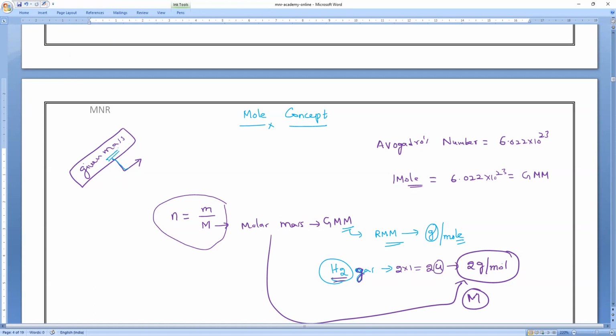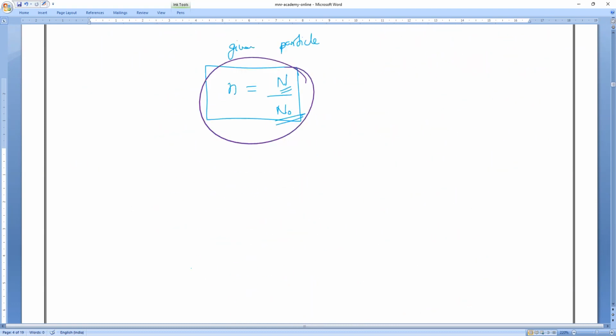If you see the given mass, then immediately I told you to calculate what? If you know the given mass, definitely there is the importance of some other thing. What is that? You must calculate the molar mass. Then only you can go for substituting anything. If you practice one or two questions, definitely you'll get it.